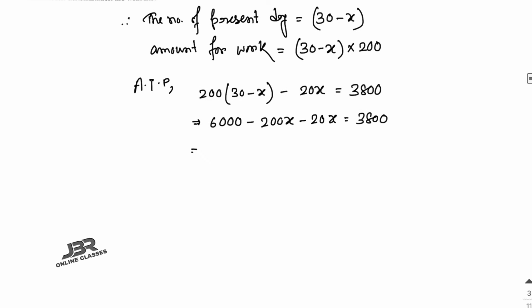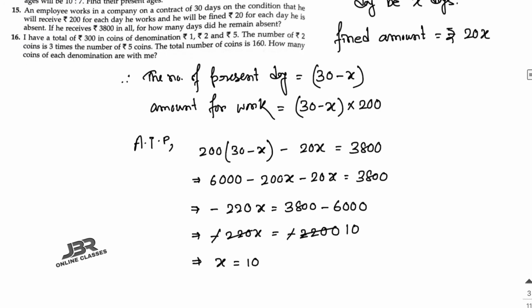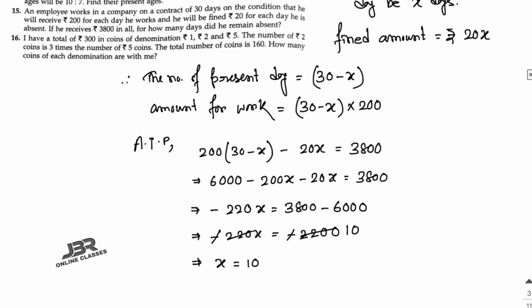So you can write 220x equals 3800 minus 6000. So minus 220x equals minus 2200. Minus minus cancels out, so here 10. So that means x equals 10 days, so the number of absent days equals 10.